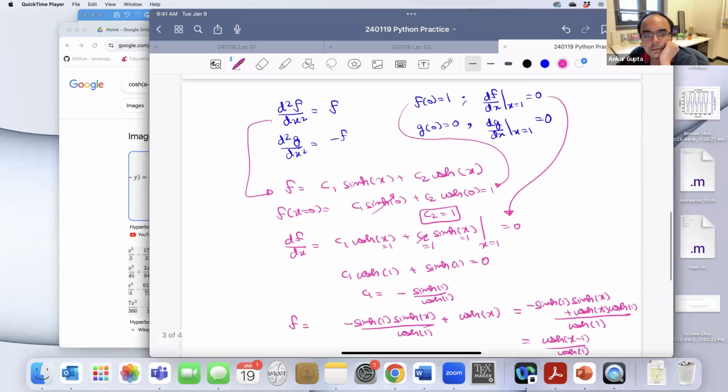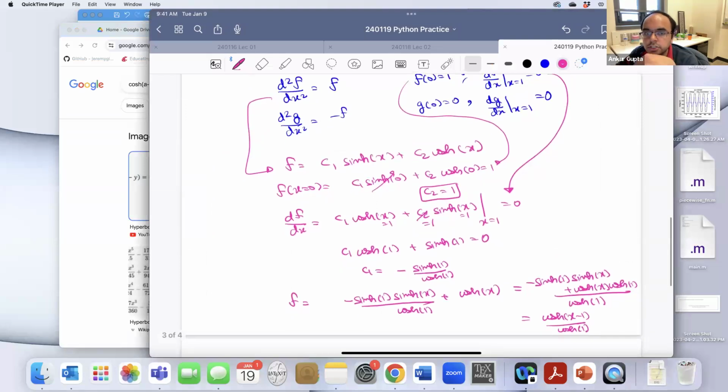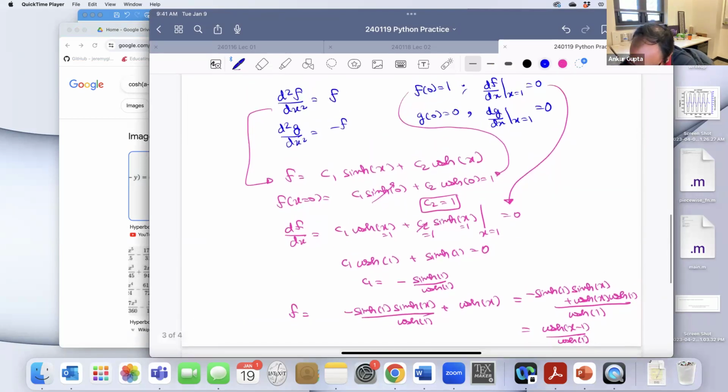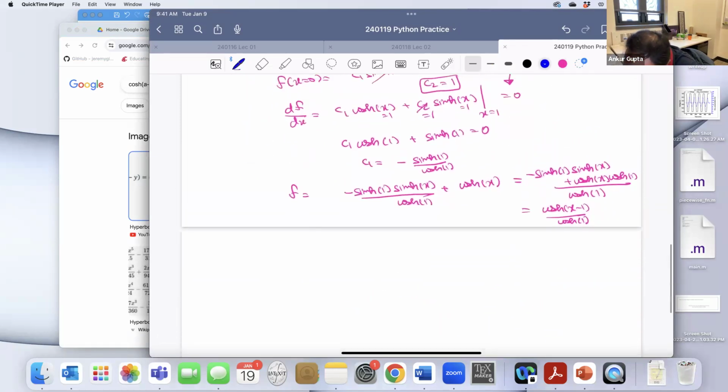Now, one approach is to substitute this into g and solve the equation, which is absolutely fine. You can definitely do that. Another way is to add these two differential equations.